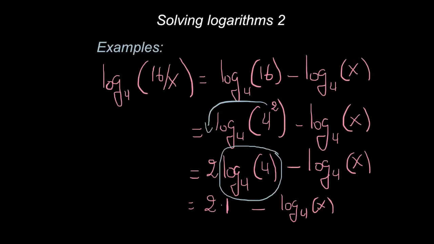And 2 times 1 is just 2. So my last answer should be 2 minus log base 4 of x. And that's going to be the way you would expand log base 4 of 16 over x.